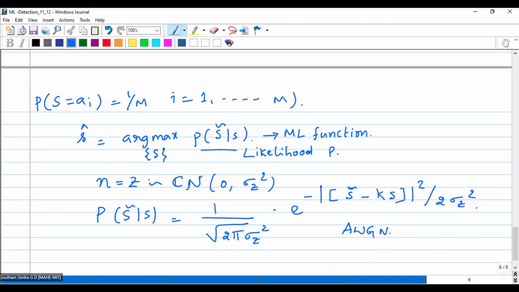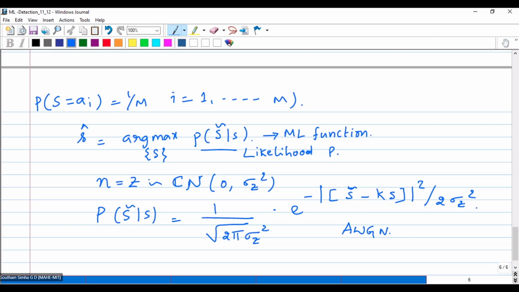So I will follow the same Gaussian random distribution. So with unit normal, that is with mean 0 and variance sigma z square, I'll write this function as 1 by square root of 2 pi sigma z square into e to the power of minus some term, let's say x term, divided by 2 sigma z square.